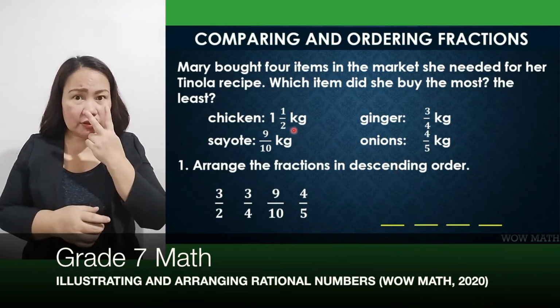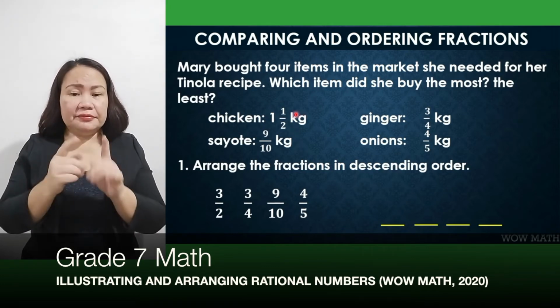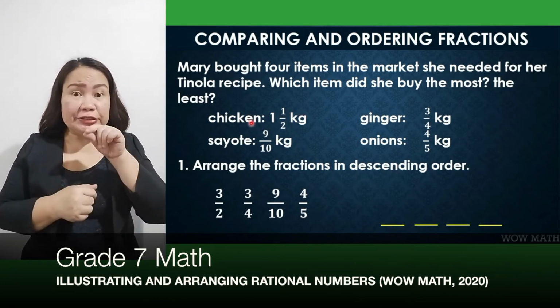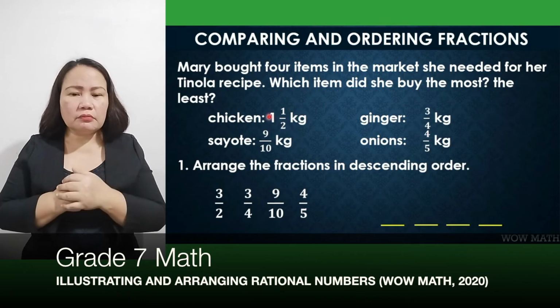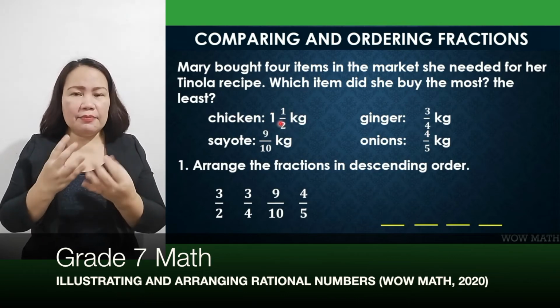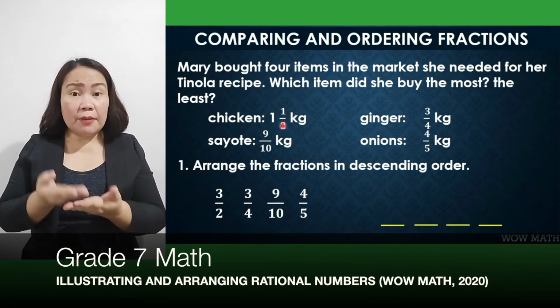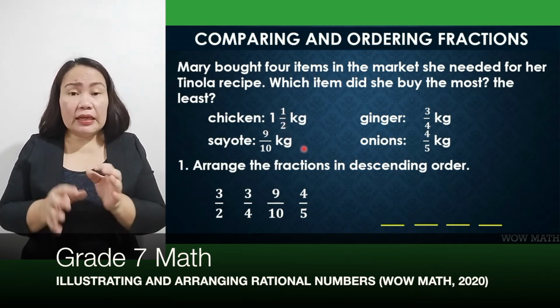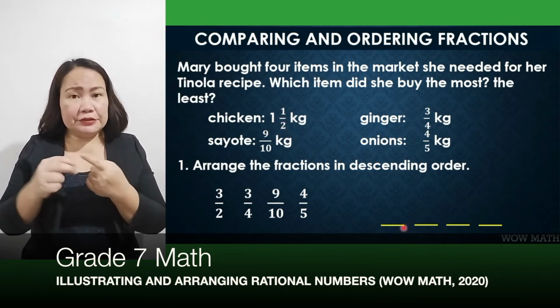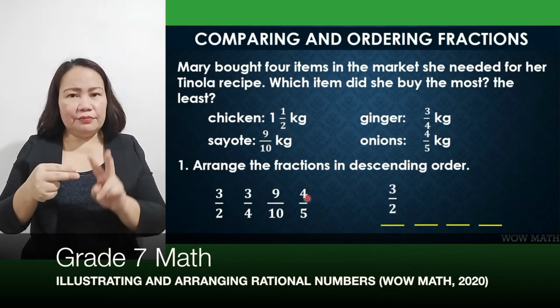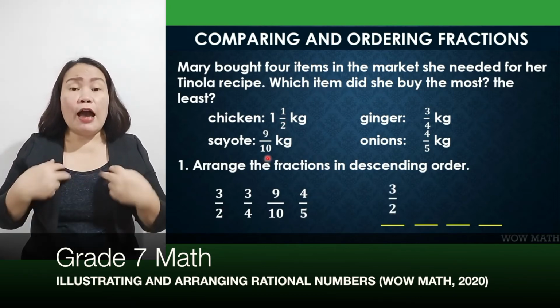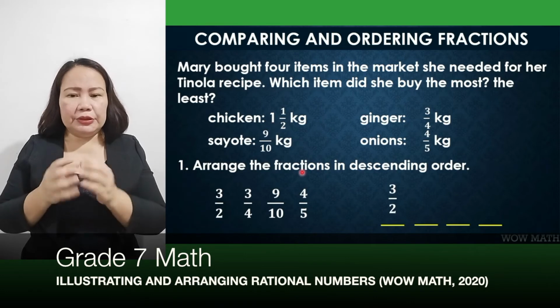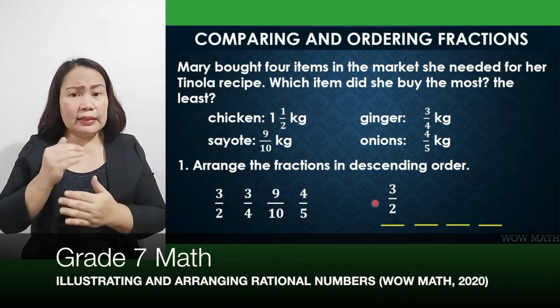Now, it's obvious that from the given items, chicken is the most or yung pinakamarami. 'Di ba? Siya yung pinakamabigat. Now, so ibig sabihin, siya na agad yung pinakamataas natin, yung 3/2. Why? Kasi meron siyang whole number. Alright?